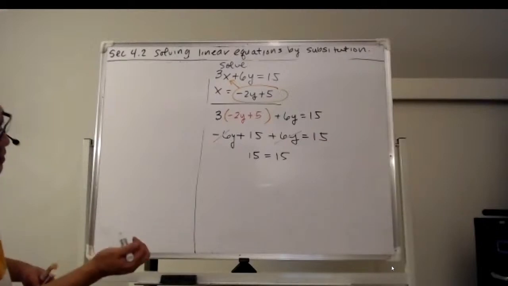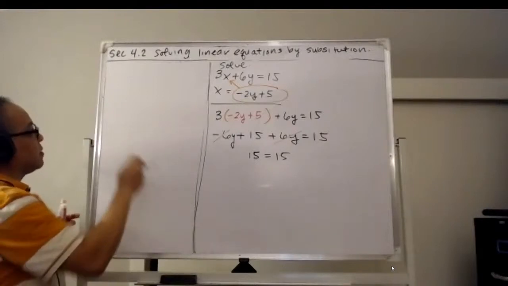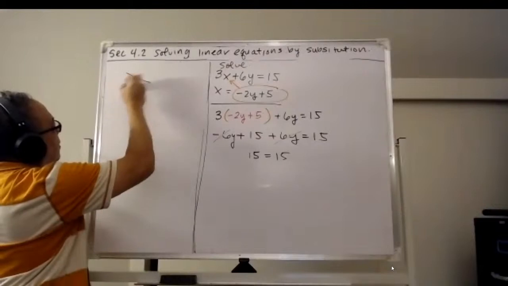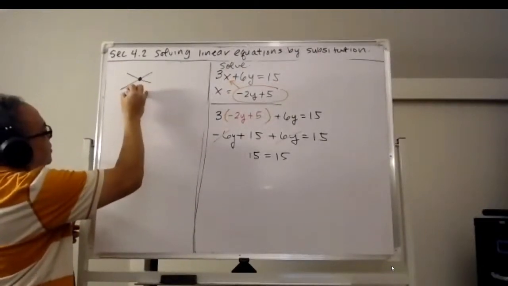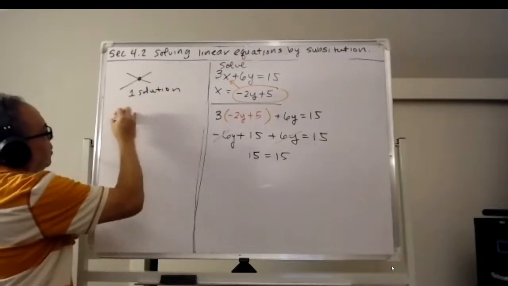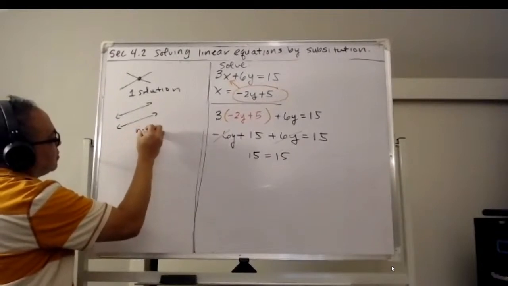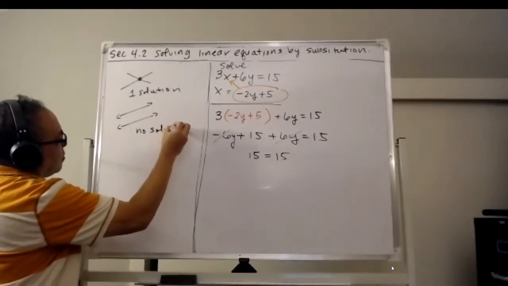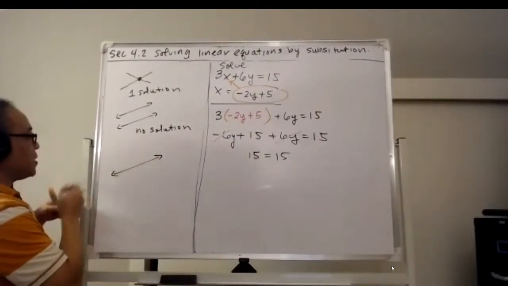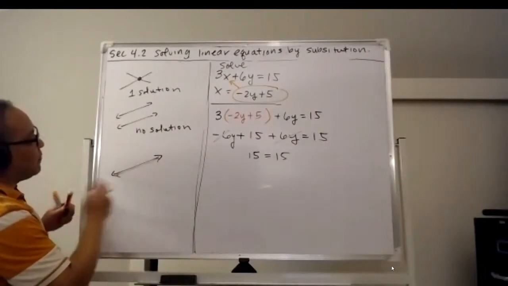Okay, so when this situation happens, remember that we have three situations. We have this one, that's the normal situation where you have one solution. And then you have this one, you have no solution. And then you have this one, where they're the same line, and you have infinite solutions.